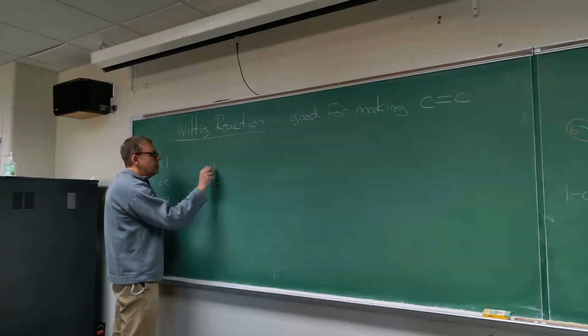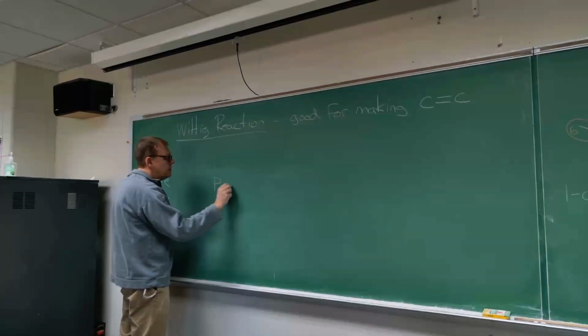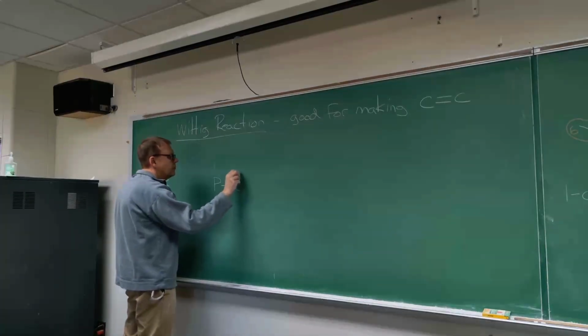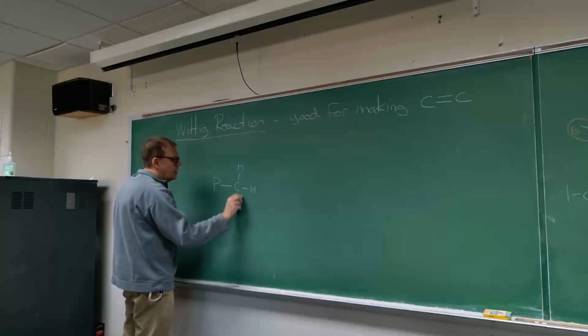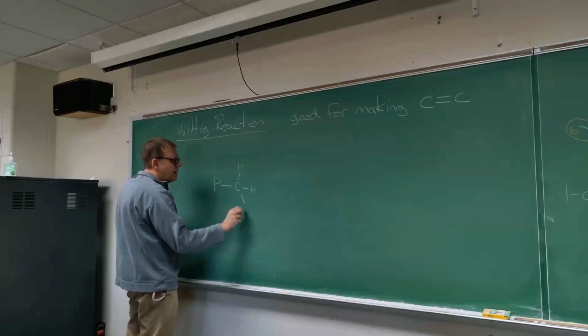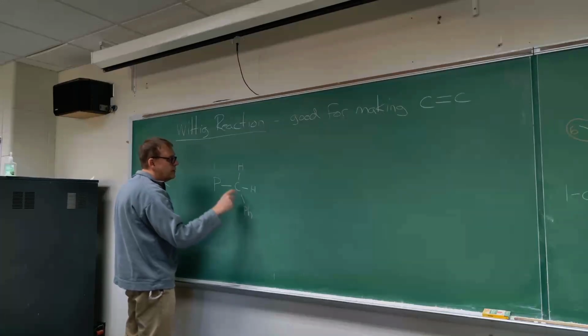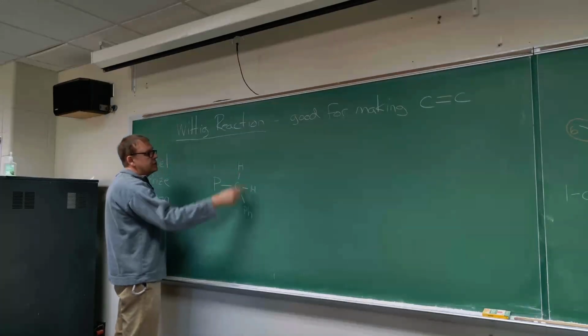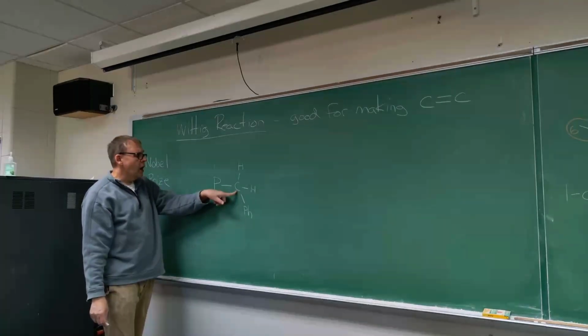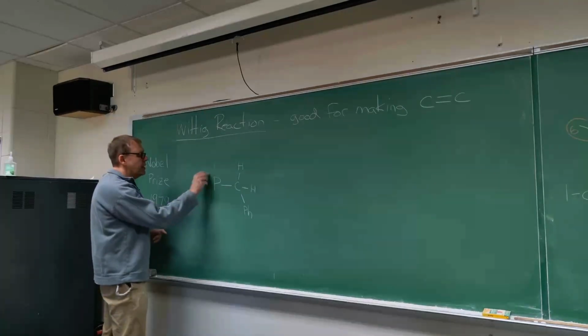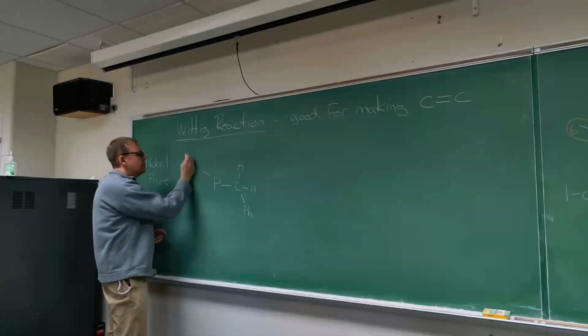It starts with a species that's called a phosphonium salt. The phosphonium salt that we used in our reaction had a phenyl group here. These groups could be anything. There needs to be at least one H on a carbon that's attached to a phosphorus, and then the phosphorus has 3 phenyl groups.